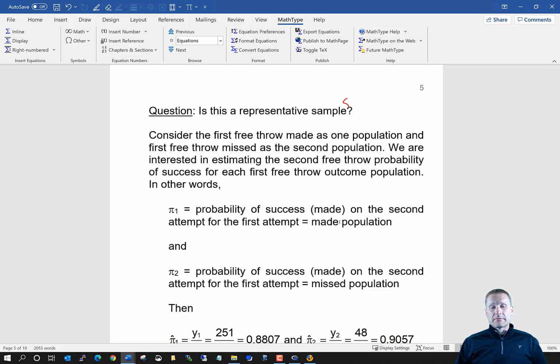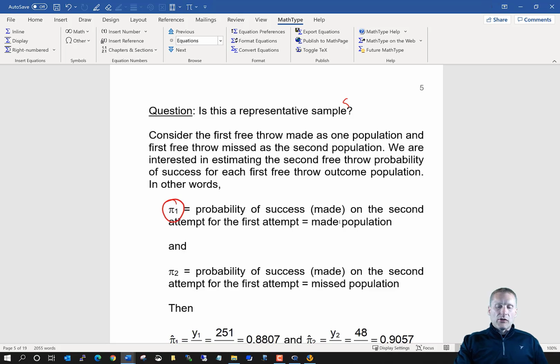Okay, so we have to be a little careful about the wording because we have a first free throw attempt and a second free throw attempt. It's either made or missed, or you could say success or failure. We're going to let pi1 be the probability of success, meaning you make it on the second attempt, for the cases where the first attempt is made.